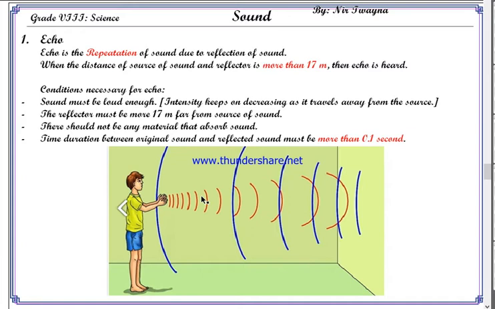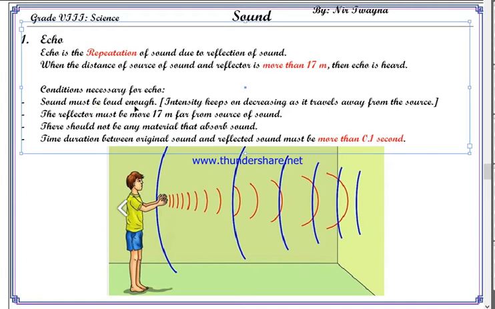So if your sound is not loud enough, before it reflects back, it vanishes. The energy of sound becomes zero, and you will not hear an echo. Can you hear an echo of a whispering sound? No. If it's just a whisper in an empty room, neither will you hear echo nor reverberation, because whispering has less intensity, which will diminish to zero before it even reaches the wall. That's why sound must be loud enough.